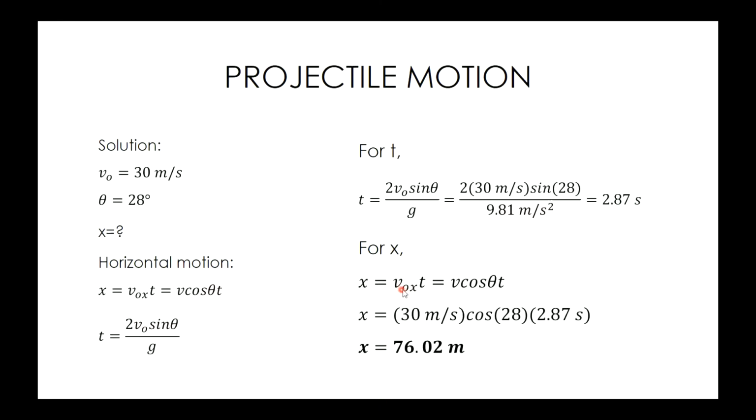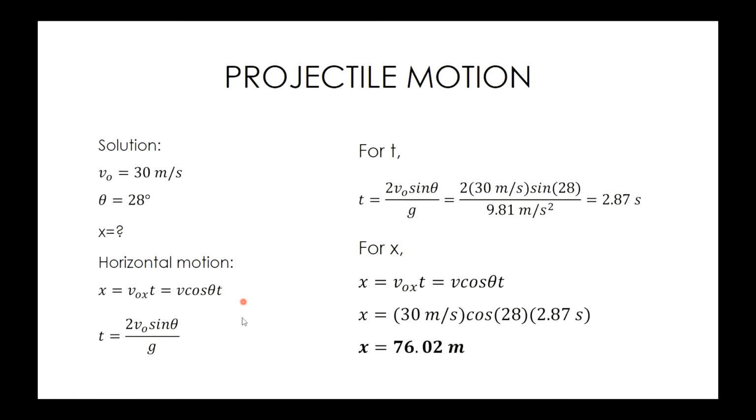And then, para makapag-proceed tayo sa ating displacement, yung time na nakuha natin, sa-substitute lang natin dito sa formula. So we have velocity cosine theta times time. So that will be 30 meters per second cosine 28 times 2.87. And then that will give us 76.02 meters.